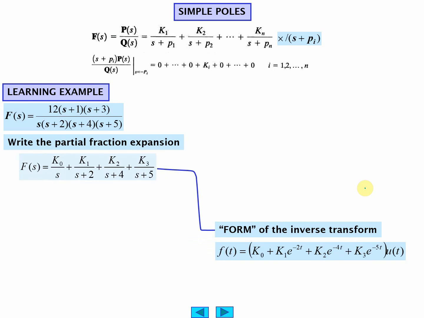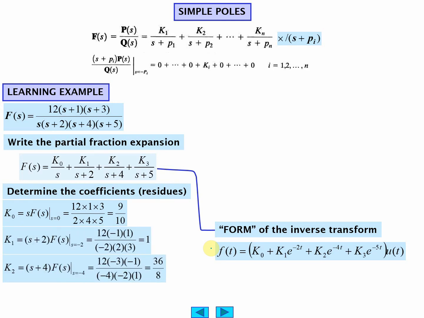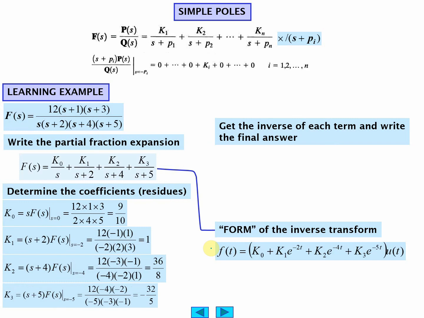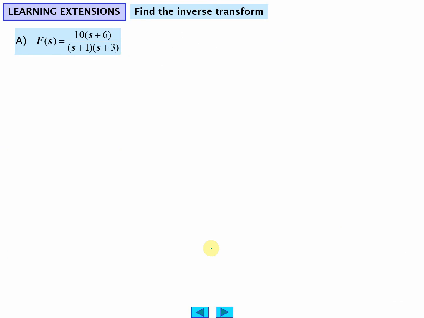We just need to find the k's. And this is the inverse transformation. We come back. So now you've got to find all the k's, go through the math. And we can write the final answer. Okay, gone through one example quickly.